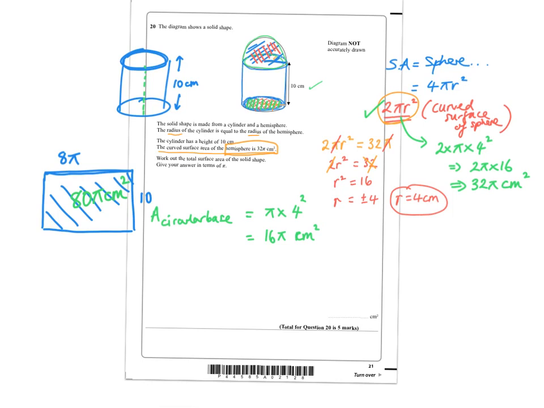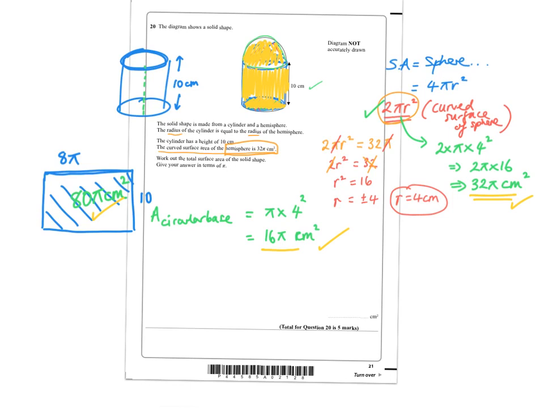So just do a last check and see we've got everything we want. Well, let's have a look. We have the circular base here, so there we go, that's 16 pi centimetres squared. We have the curved surface area of the hemisphere, here we are, 32 pi centimetres squared, and now we have all the curved part going all the way around the cylinder, which is 80 pi centimetres squared.